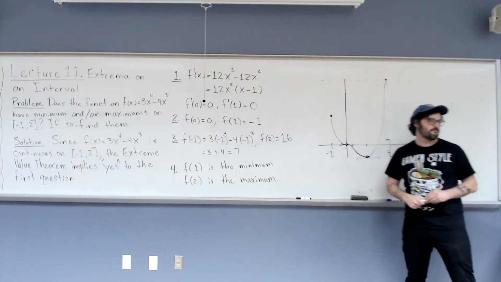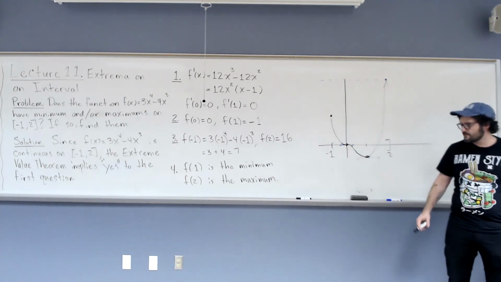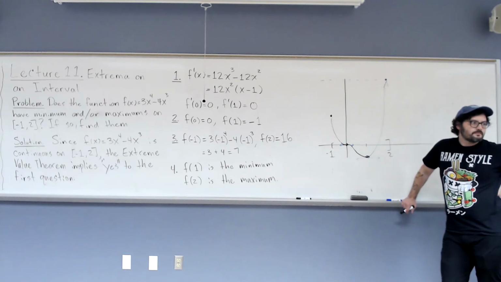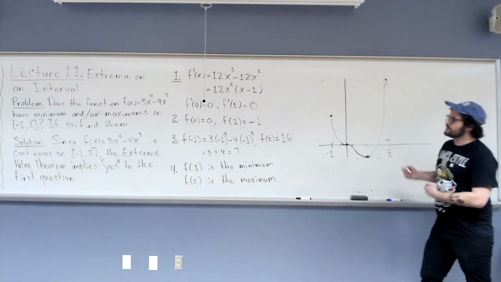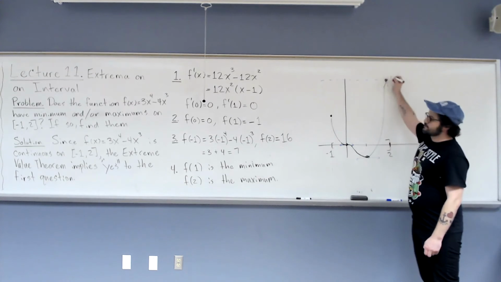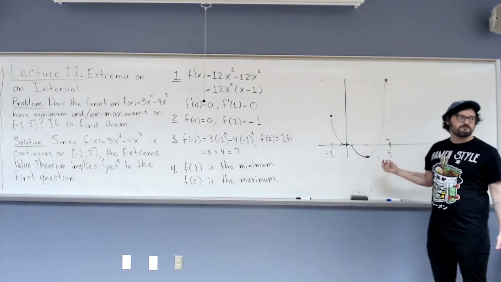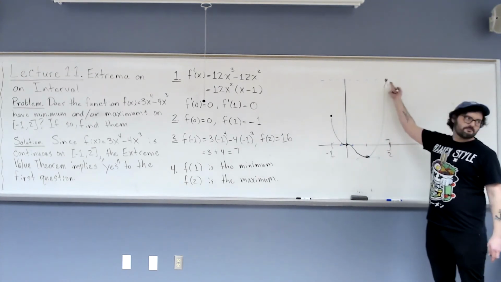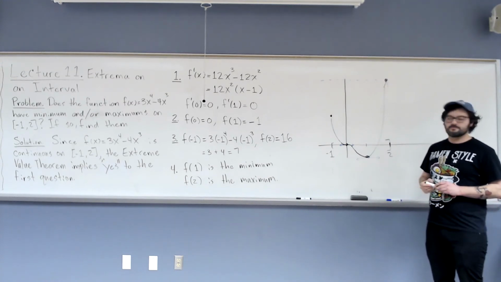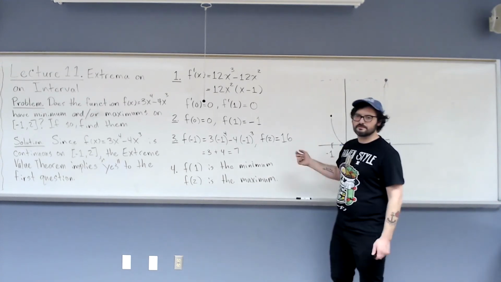Yes, question. What's the plan with number 2 to evaluate f in the regular function? Oh, because we have to evaluate the function at the endpoints, which I'm glad that we did, because f at 2 is the maximum value of the function on that interval. Right, f of 2 is what, 16?